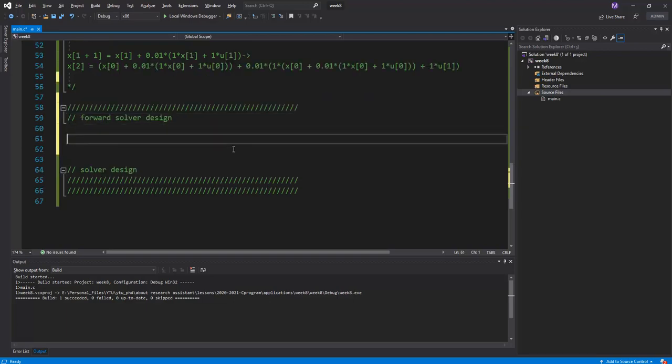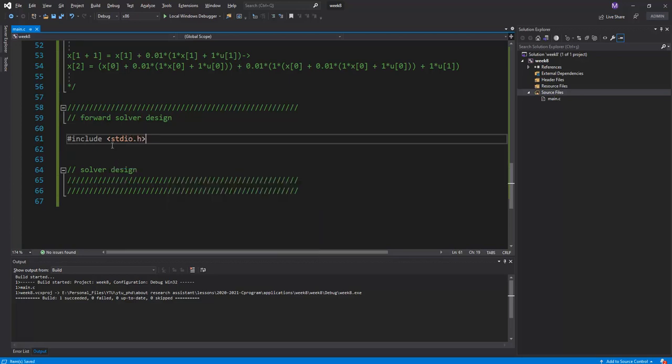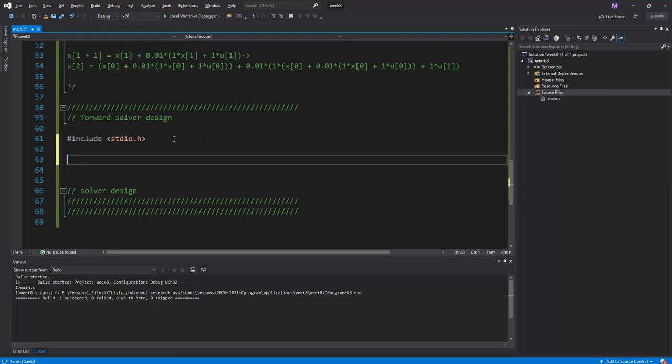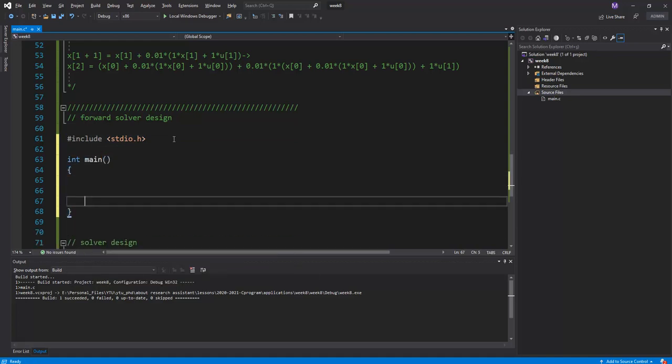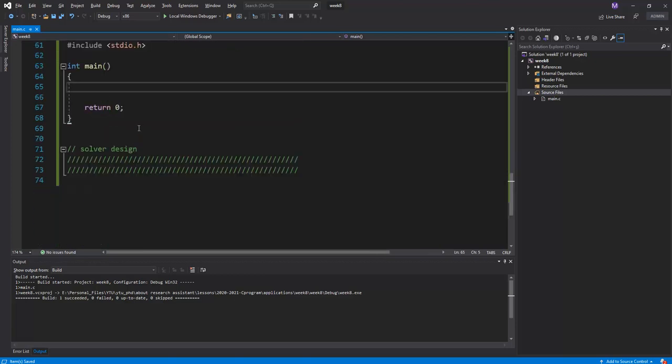Okay, and so in order to use some specific general function, we should include the standard input output dot header file in here by using these codes. Okay, and so we need to add the main start address in here with the return value of 0. 0 means the success value of the main function, and so every code should be written in these notations.